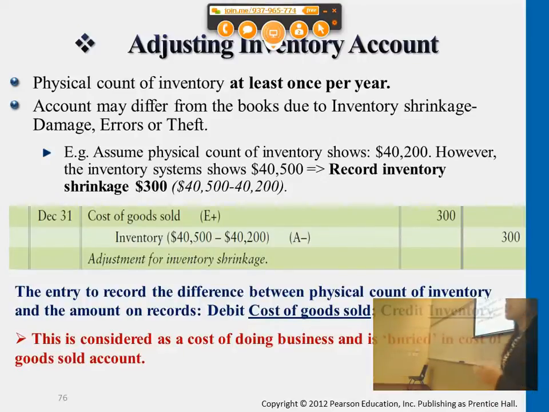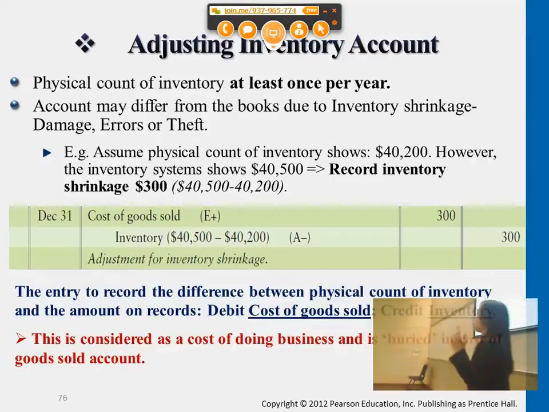This entry tells us that at the end of the month, the quarter, or typically at least at the end of the year, a company that uses the perpetual inventory system also has to do a physical count of the items and their value to see if it matches the inventory value in their system.